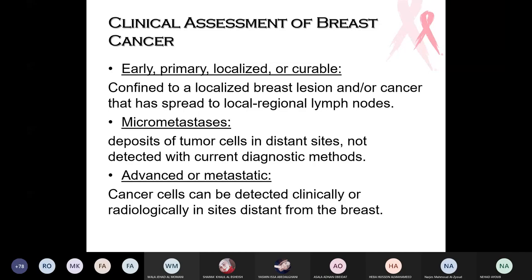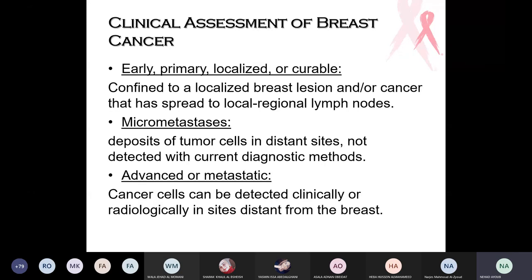Now, metastasis, by definition, distant metastasis means that the primary cancer cells, which here are breast cancer cells, will move or translocate, either through blood vessels or through lymphatic vessels, to a separate and distant site.